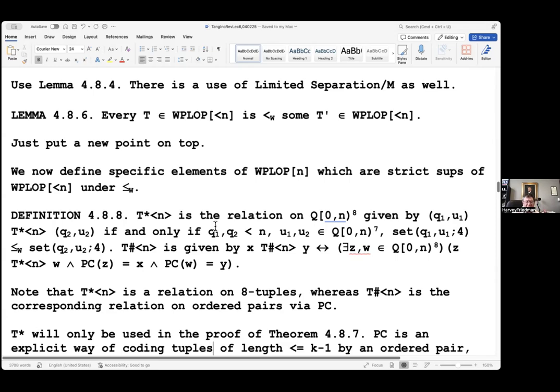And T star of n is given by making this on ordered pairs, X and Y. So you see T star of n is a relation on 8 tuples, whereas T sharp of n is the corresponding relation on ordered pairs via the pair coding.